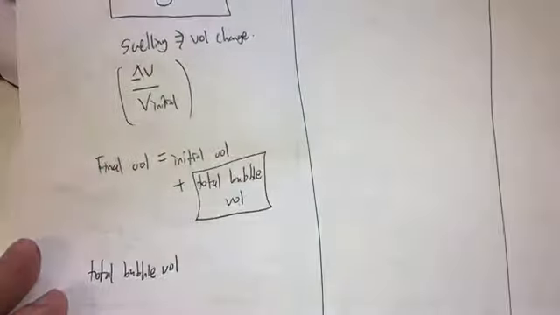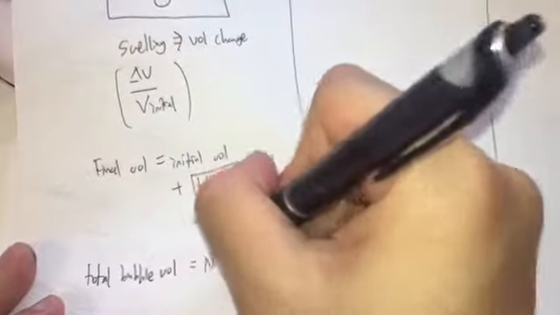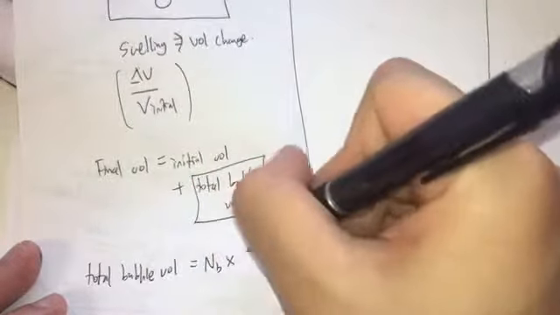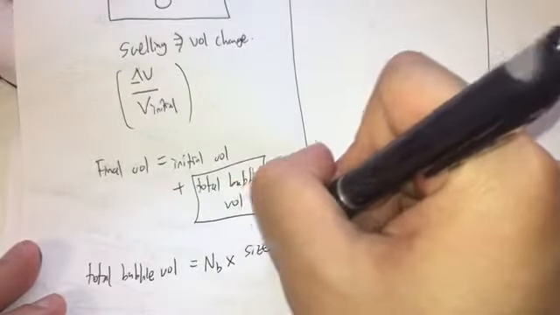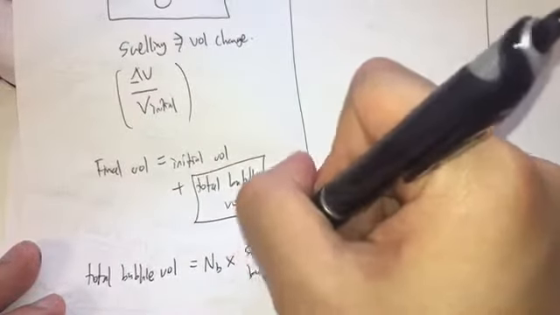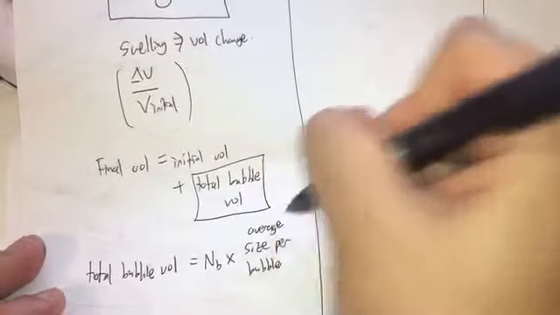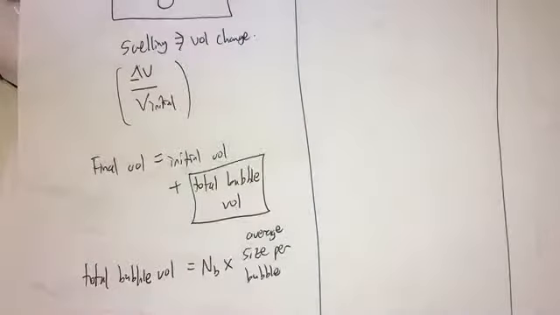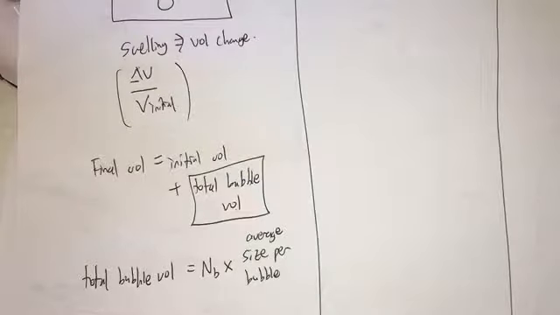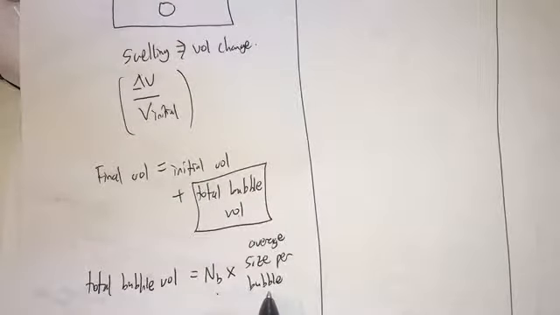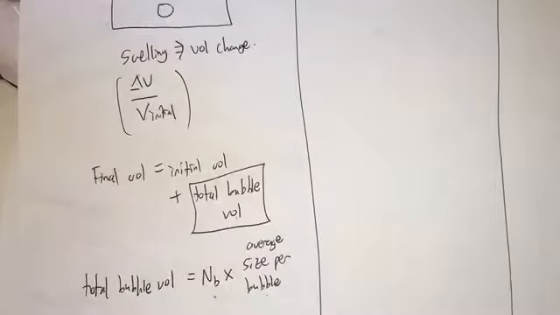Total bubble volume equals the number of bubbles times some representative, average size of the bubble.